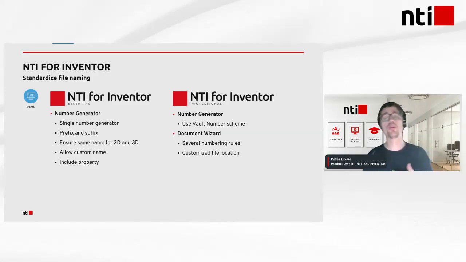This number generator also works if you have the Vault numbering scheme turned on. You will see later what benefits it could give you. And lastly, we have what we call a document wizard. It's more a question-based number generation. So you will be asked some questions, and from these questions it will take a number from a certain number row, and it will place the file in the location that the question asks for.